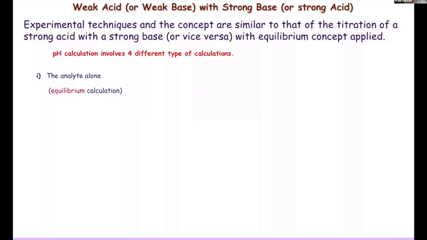Before you add any sodium hydroxide, you need to figure out what the pH of that acid is. You know how to solve that, because it's basically what we've been solving in chapter 16. What is the pH of a weak acid? So that's the first one.